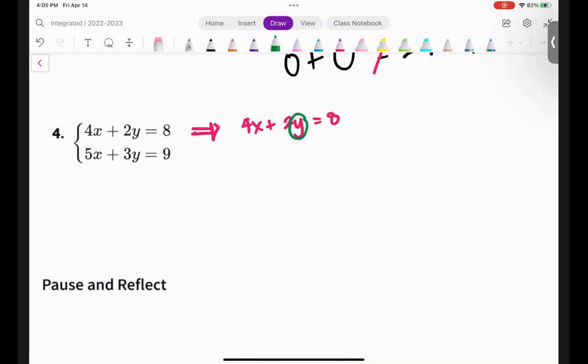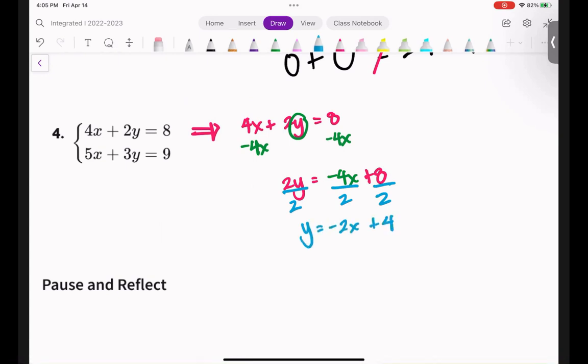So I'm going to subtract 4x from both sides. So I get 2y equals negative 4x plus 8, right? And then because I want y by itself, I'm going to divide every single piece by 2. So I get y is equal to negative 2x plus 4.